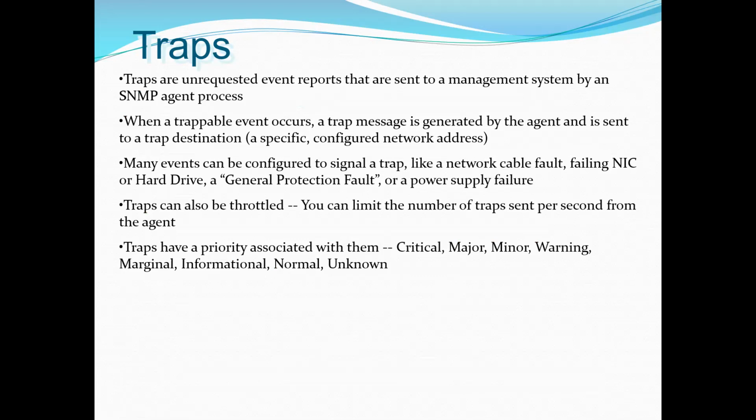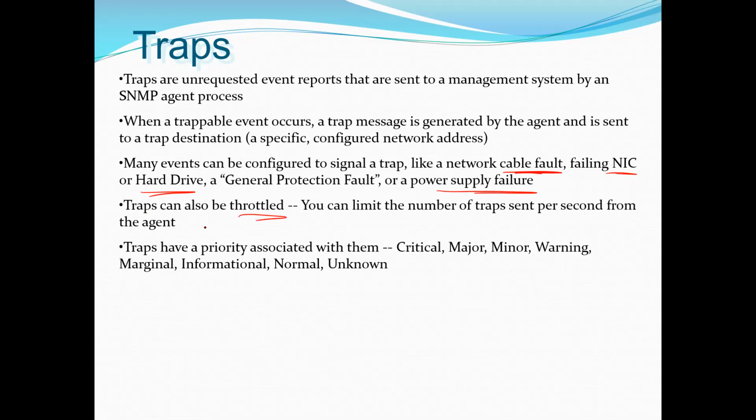Many events can be configured to signal a trap, like a network cable fault, a failing NIC or hard drive, a general protection fault, a power supply failure, like if you have some switches that might have 2 power supplies, right? They're critical. And if one fails and if the other fails, the whole network might shut down, or a link. And so immediately it'll issue, okay, one of my power supplies failed, you need to replace it, right? Something like that.